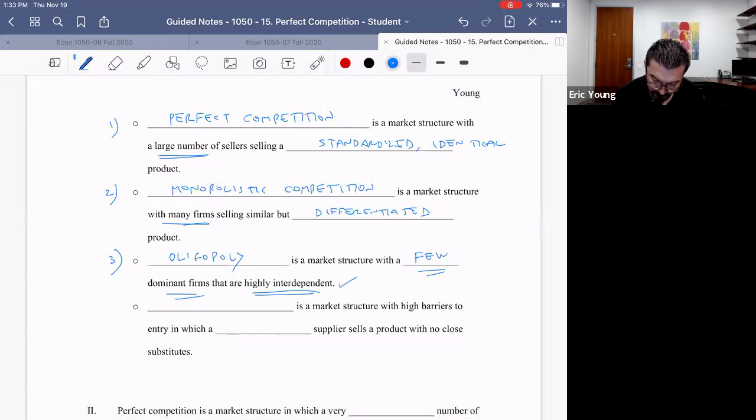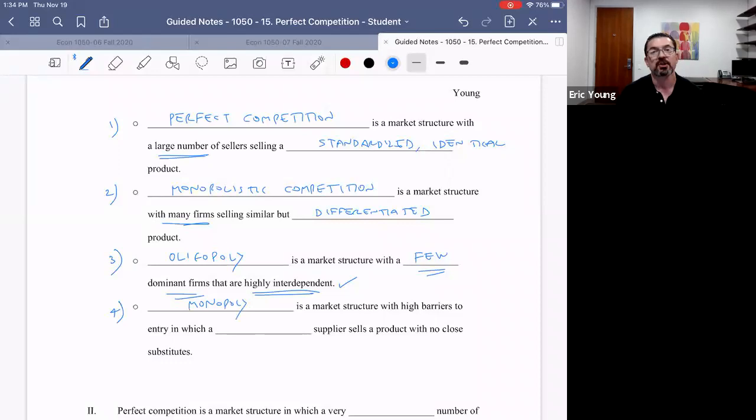In other words, firms within an oligopoly are highly interdependent. The decisions of Coke influence the decisions of Pepsi. The decisions that Delta Airlines makes influence the decisions that American Airlines has to make. Because a few firms really run the show, they're interdependent, and they have to make strategic decisions based not only on their own needs, but on the perceived reactions of their competitors.